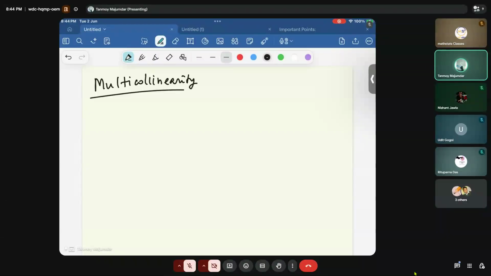First of all, we will start with the assumption of multiple linear regression.